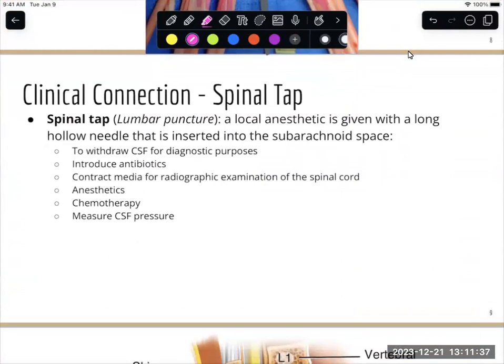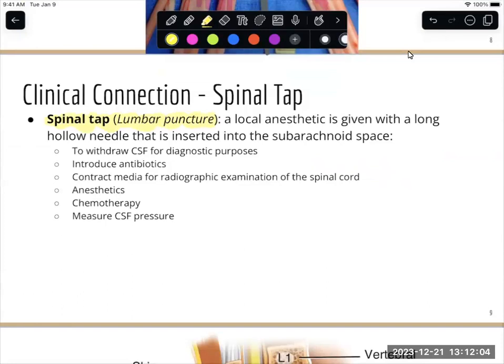So something interesting, a spinal tap or a lumbar puncture. Anybody who's ever had CSF withdrawn for any kind of testing like meningitis, they do this spinal tap or lumbar puncture.